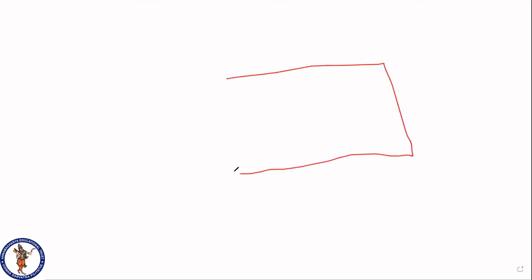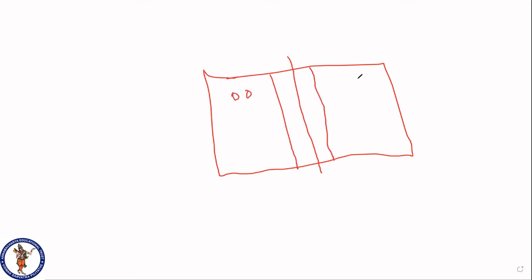Similarly, we will talk about the reverse bias case. We have holes here, we have electrons here.